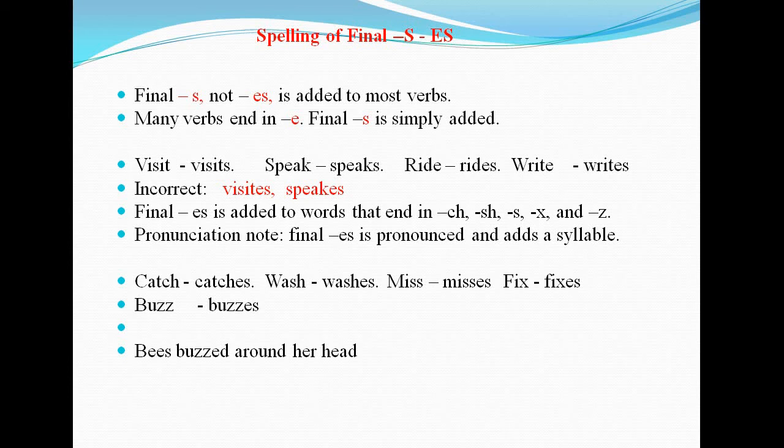Bees buzzed around her head. So when there are verbs that finish with ch, sh, s, x, and z, we add es at the end of them. Don't forget, this is really important for you guys. When you're speaking or writing, be careful about the rules of using the simple present tense.